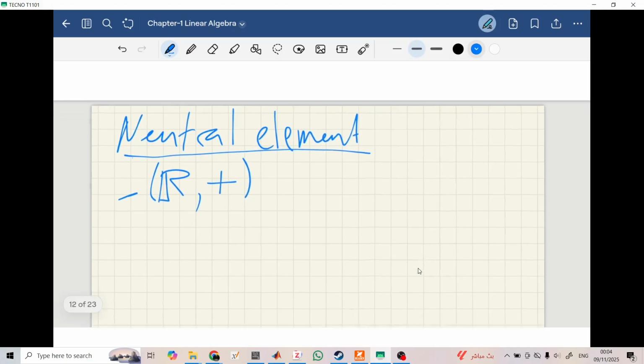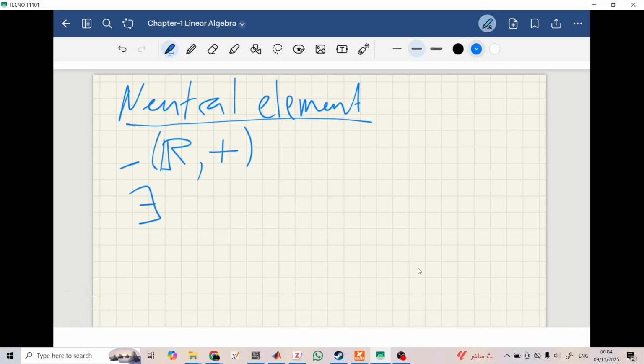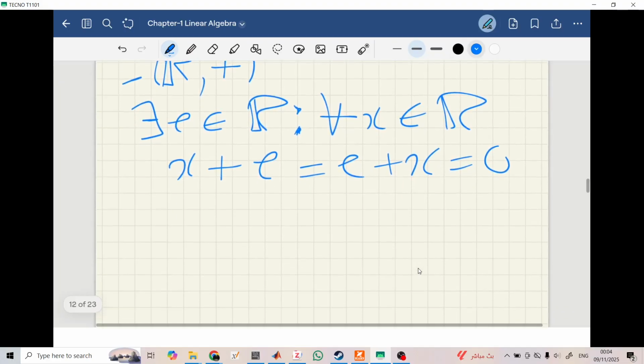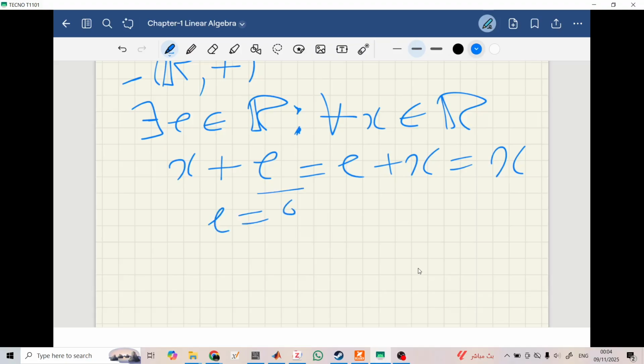So how do we do that? We need to find an element E that belongs to R such that for all x belonging to R, x addition E equals E addition x equals x. The neutral element is 0 in this case, right?